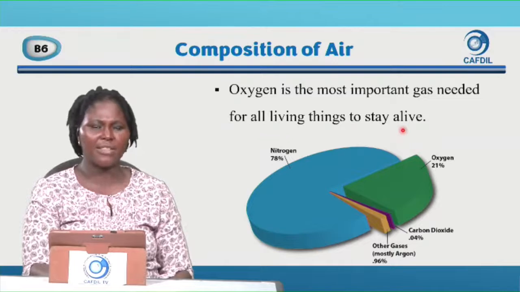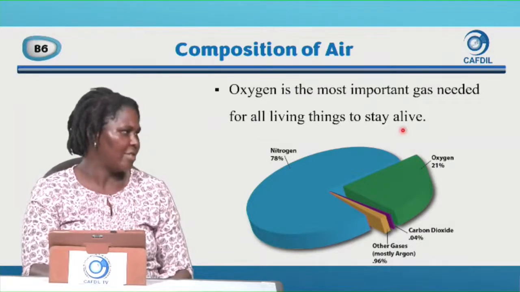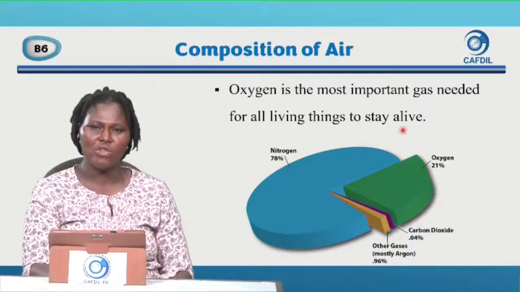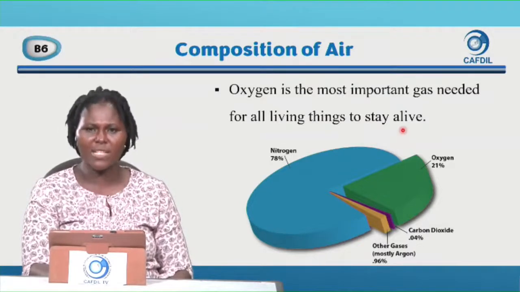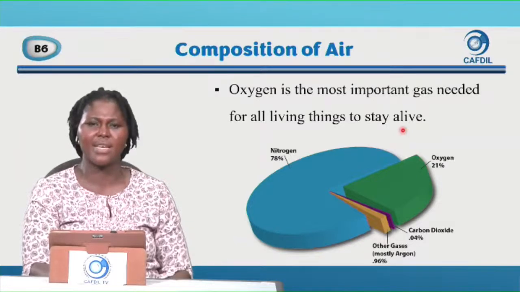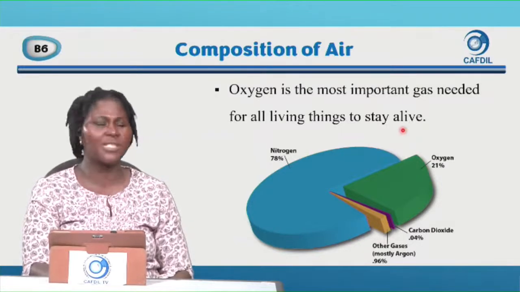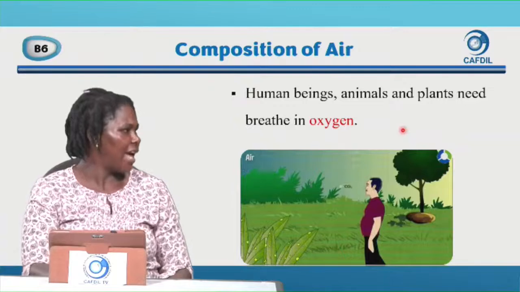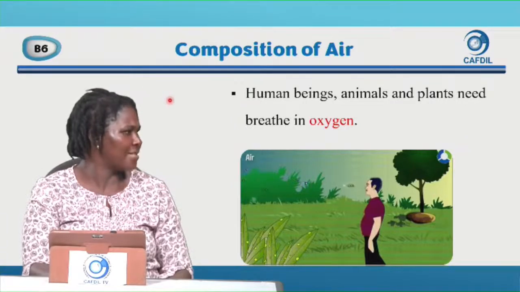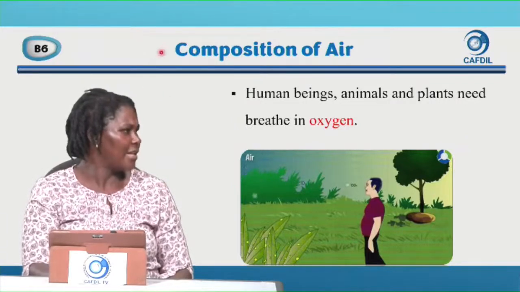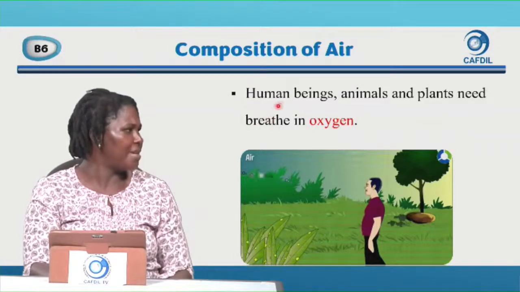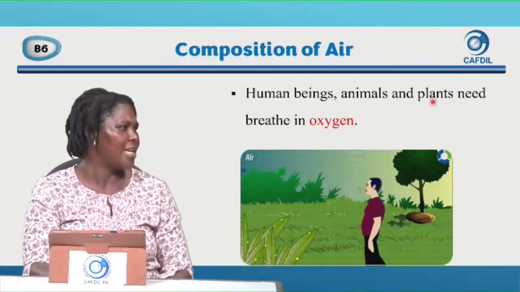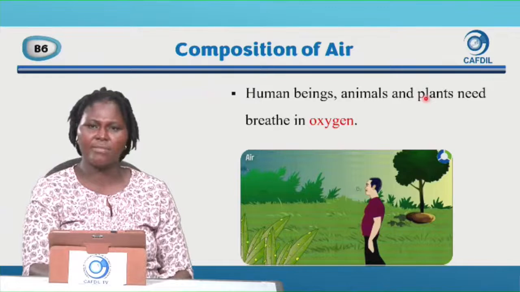Now plants give us oxygen. Human beings and animals, we breathe in oxygen. So oxygen is the most important gas needed for all living things to stay alive. Now plants don't breathe in oxygen.